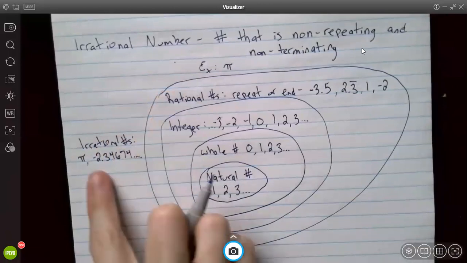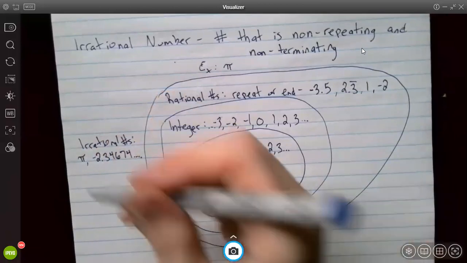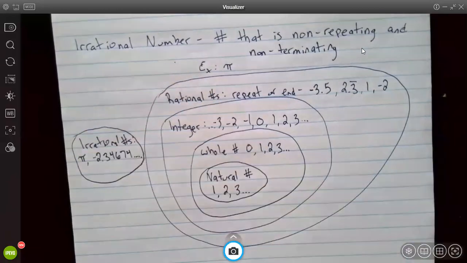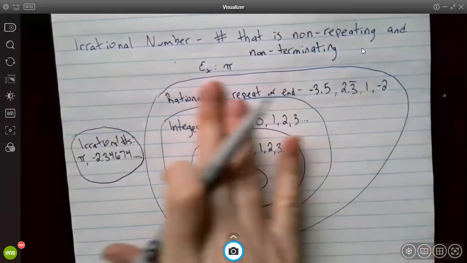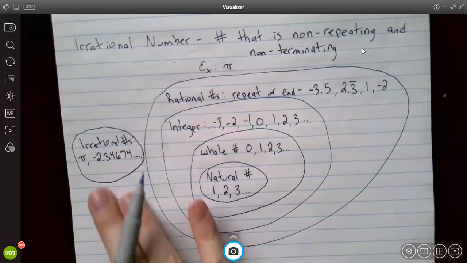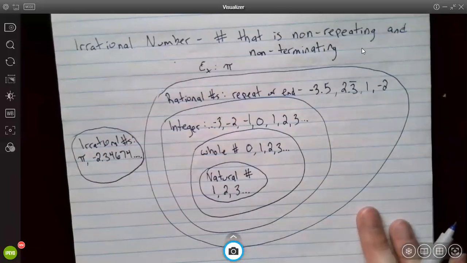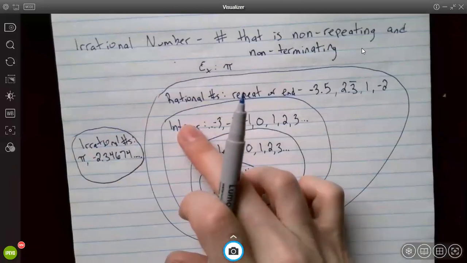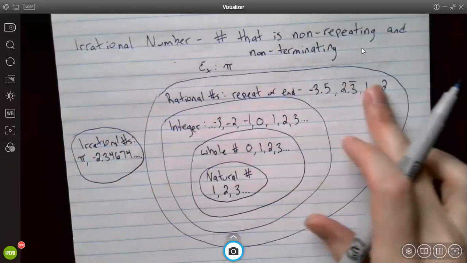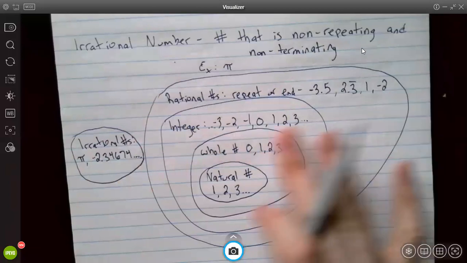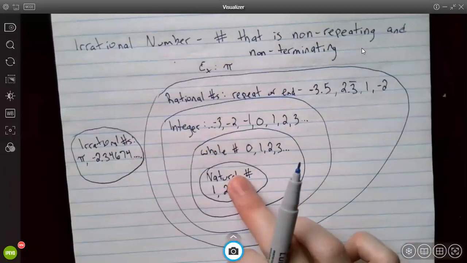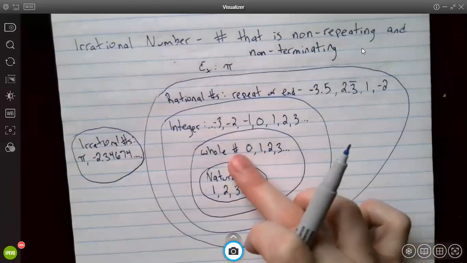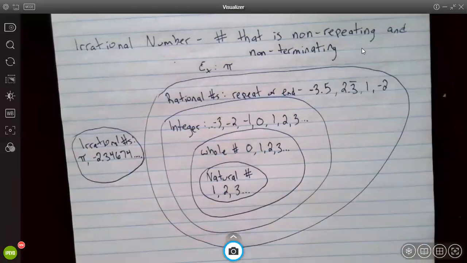Okay, those are examples of irrational numbers. They're in their own little category. All of these are real numbers. Natural numbers, whole numbers, and integers are all types of rational numbers. None of those are irrational numbers. So a whole number cannot be irrational, for instance.